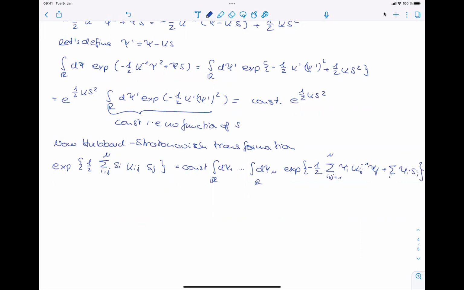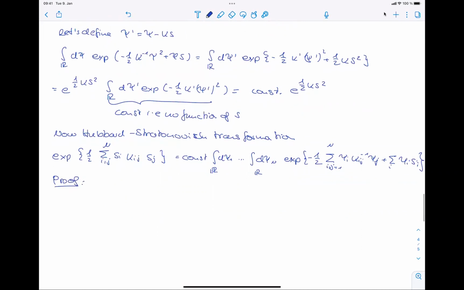For this, the proof goes analogously, that we start with the right-hand side. The idea is already sketched for the scalar system, where we only consider basically one spin.